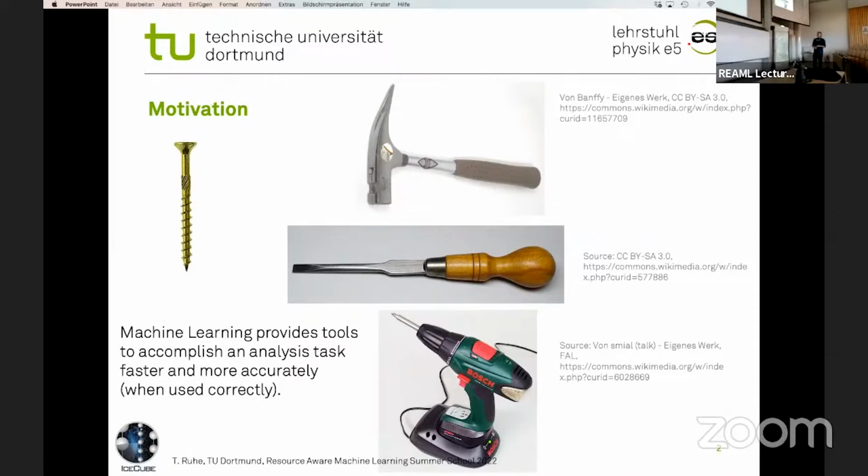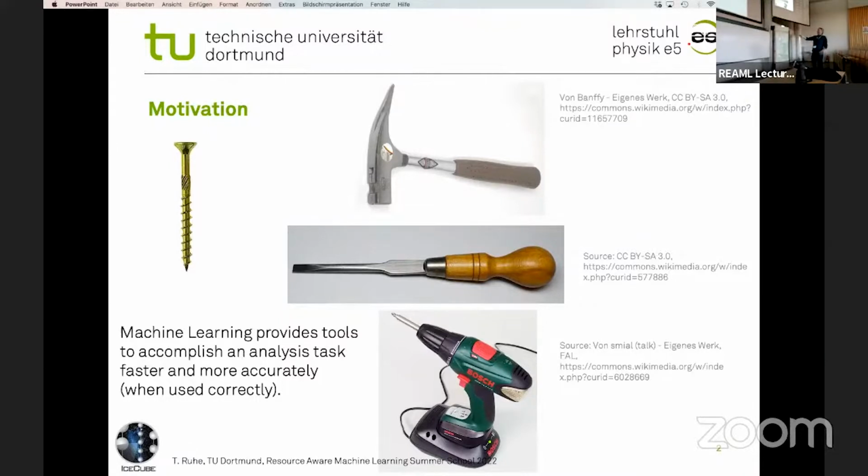My guess is that most of us will accomplish the task with any of these tools. But the point is that there's a difference in accuracy and speed. Probably the most accurate and fast solution is going to be power tools, but that comes with a caveat: you need electric power.